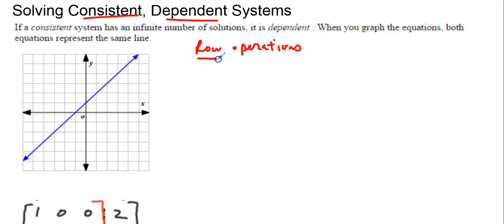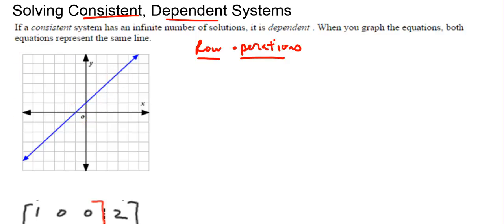So we want to make sure that you review row operations and swapping and multiplying by scalars and multiplying by multiples of rows and all of that stuff. But specifically, this is the case where you have a consistent dependent system, meaning you have a solution and it's dependent. One equation is dependent upon another. And so when you graph these things, you have an infinite number of solutions.